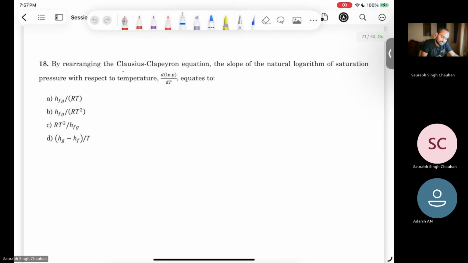By rearranging the Clausius-Clapeyron equation, the slope of the natural logarithm of the saturation pressure with respect to temperature equates to what?